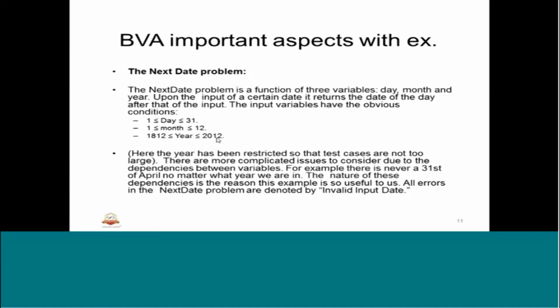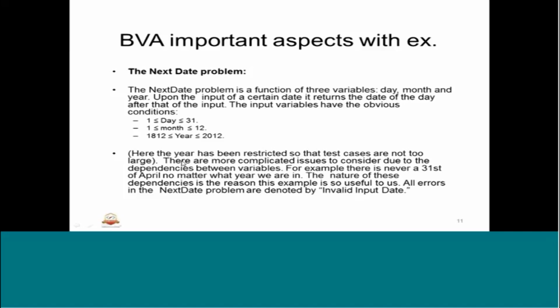So this is the definition of three variables. We know these are all some of the realistic dates. Similarly, we can do the same for a clock also. Here the year has been restricted so that the test cases are not too large. Why? Because we know that the system can take up to 2012.